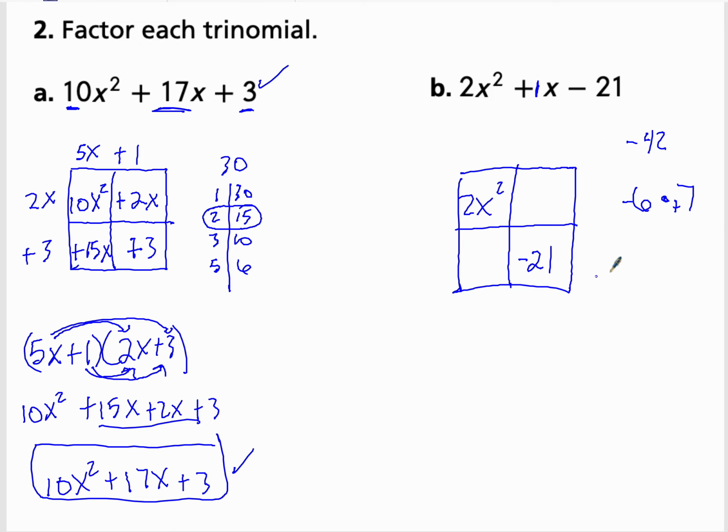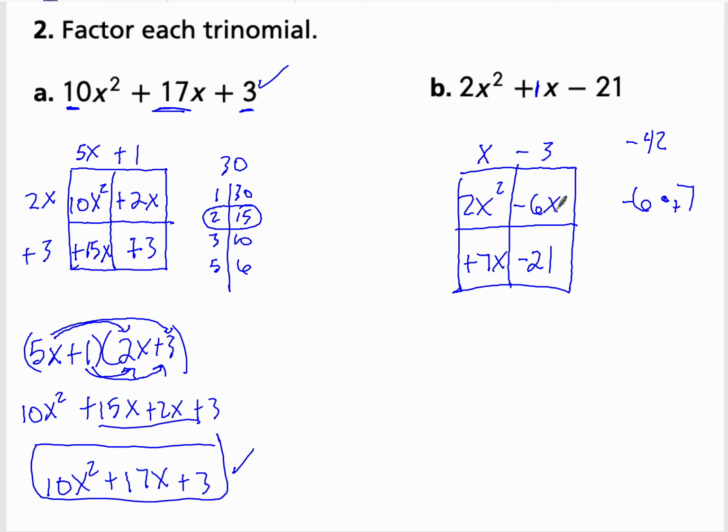Again, it doesn't matter which one of these boxes I put this in, but I'm going to have a minus 6x and I'm going to have a plus 7x. Okay? So common factors of 2x squared and 7x: the only common factor would be x. And then common factors of negative 6x and negative 21 would be minus 3. 3 goes into 6 and into 21.